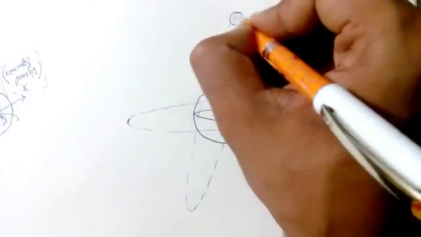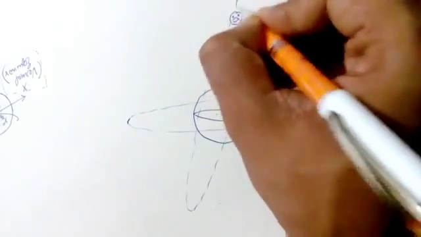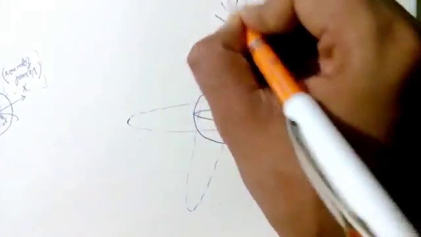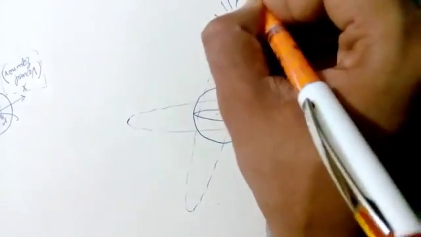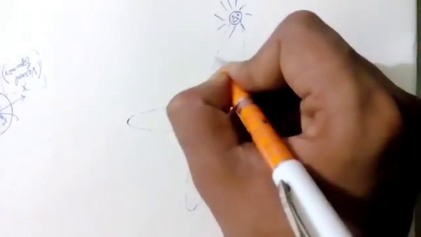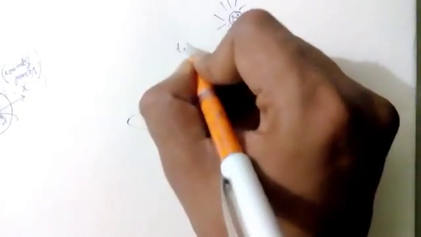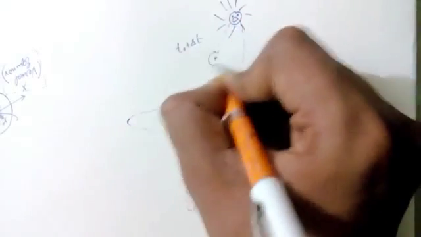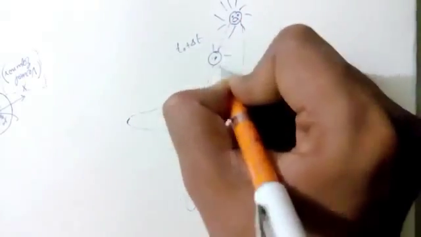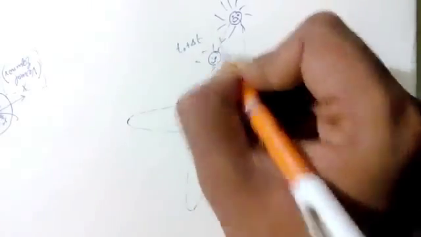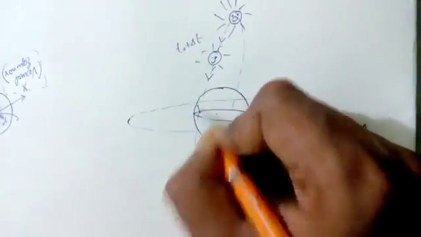If this is the position of the Sun at time t0, then at time t0 plus delta t, this will be the new position of the Sun. So it will keep on going like this.